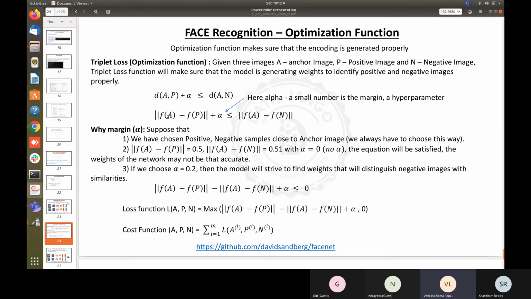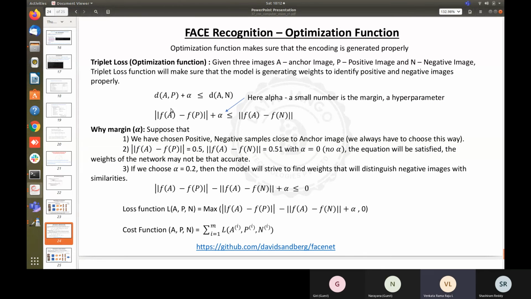Okay. So I'm taking Euclidean distance, and then there is an alpha, which is a small number, a hyperparameter. We'll look at that.